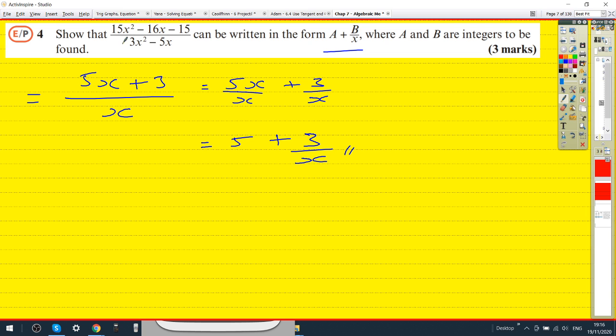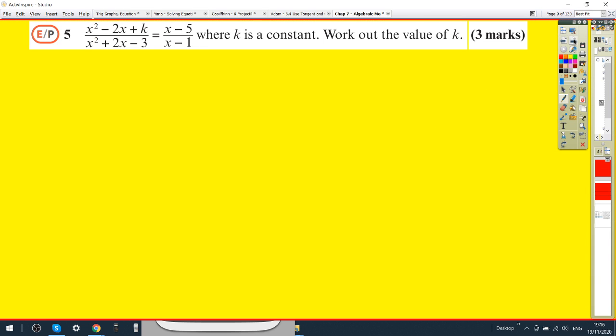This is essentially an improper fraction, and this is essentially a mixed number. In the same way that you would have 3.5, this is a bit like 5 and 3 over x. Why is it written with a plus then? If you think about it, 3.5 should be written as 3 plus a half, but it's just the convention. With algebra, they put the plus.